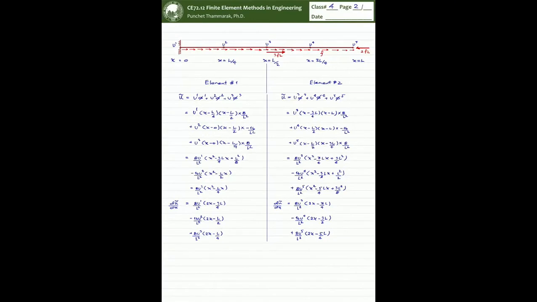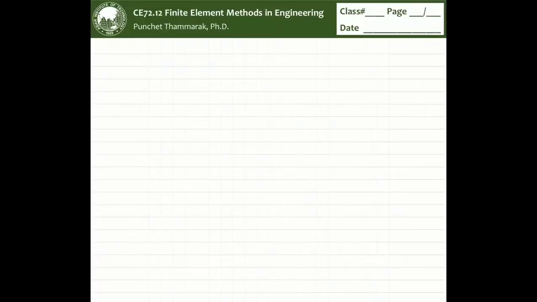I will list out all the interpolation functions and the derivatives of the phi.